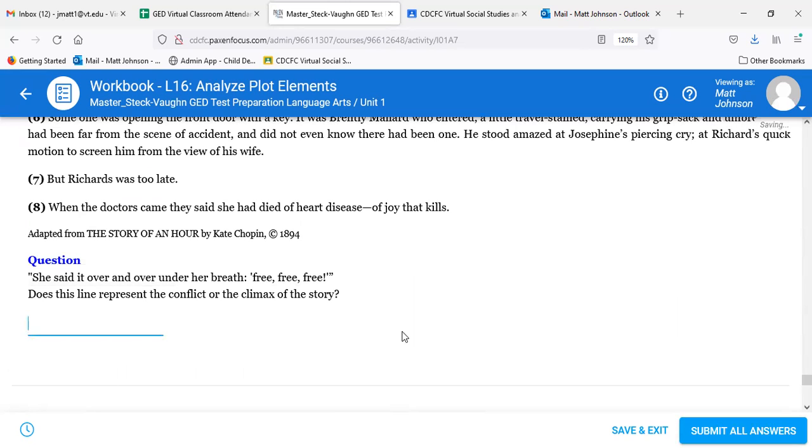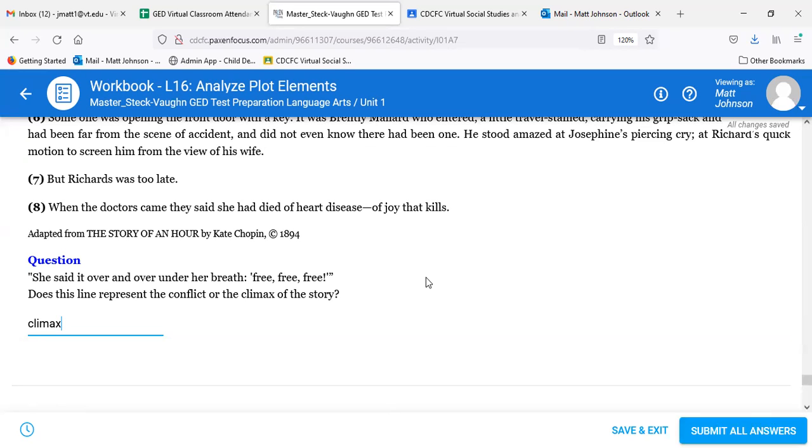Number 13. She said it over and over under her breath: free, free, free. Does this line represent conflict or the climax of the story? Climax, right? And again, it's different depending on the type of story you're reading.